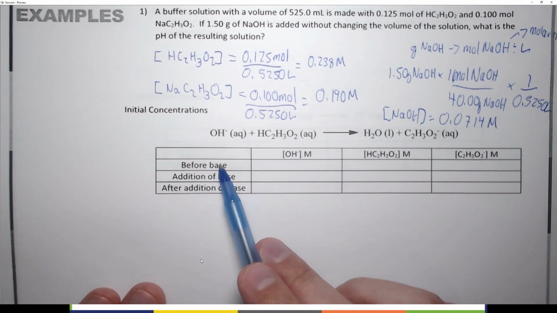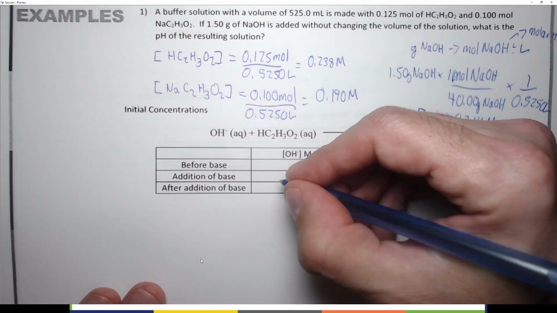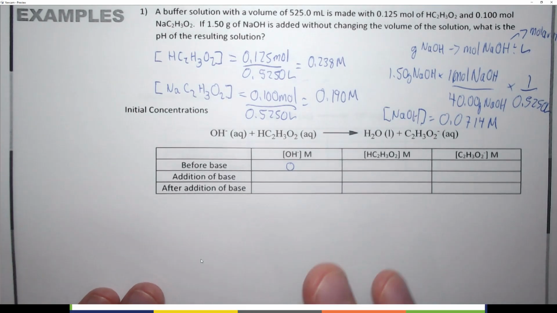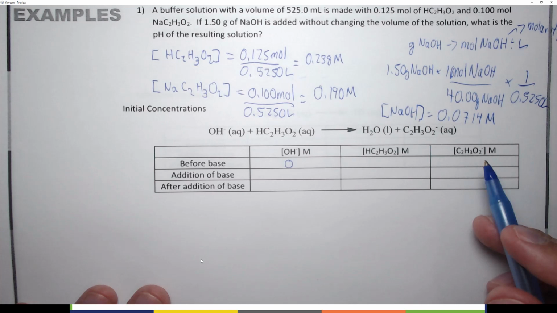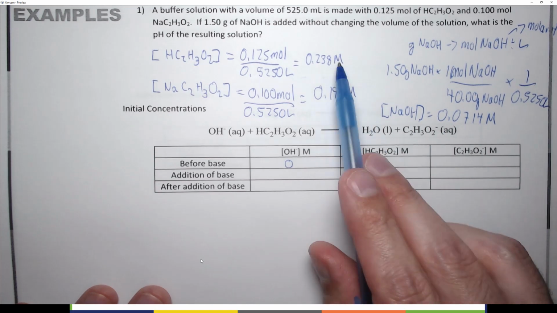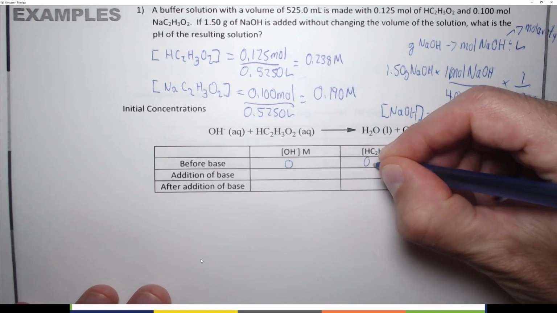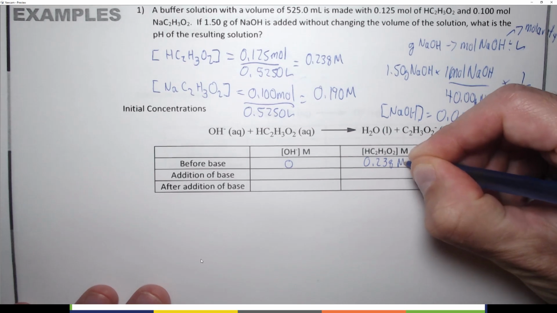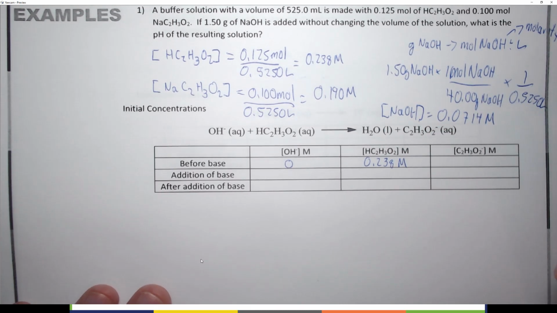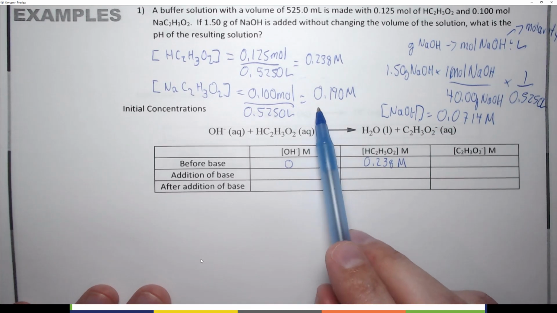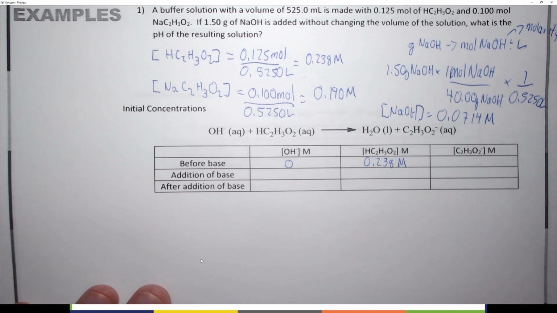So in this case, before the base is added, how much OH minus is in solution? We're going to assume that it's 0. How much acetic acid is in solution? Well, we know that. It's 0.238 molar. And how much sodium acetate, or acetate, is in solution?